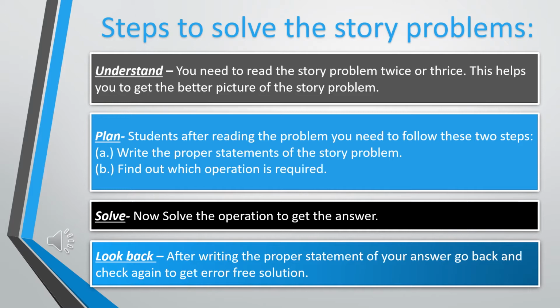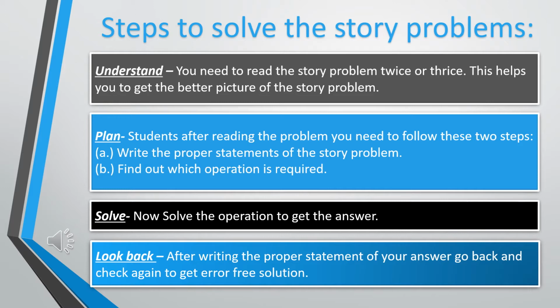After that, come to the plan. Student, after reading the word problem, you need to follow these two steps. First one is write the proper statement of the story problem. Means you have to solve the word problem with the proper statement.